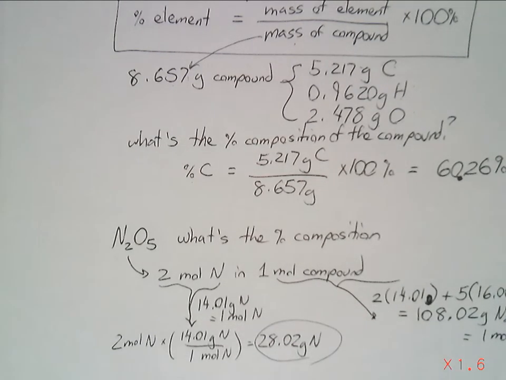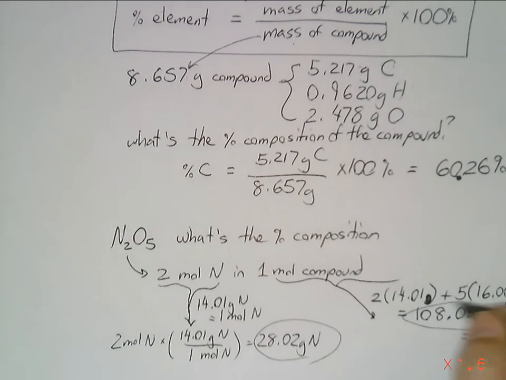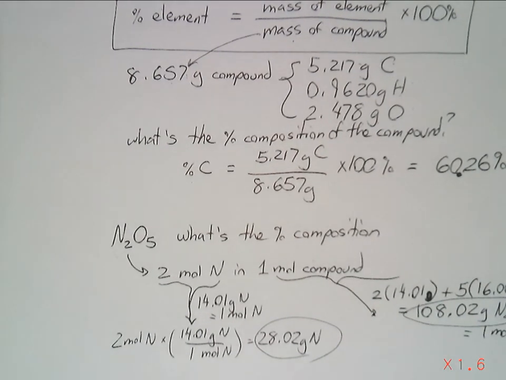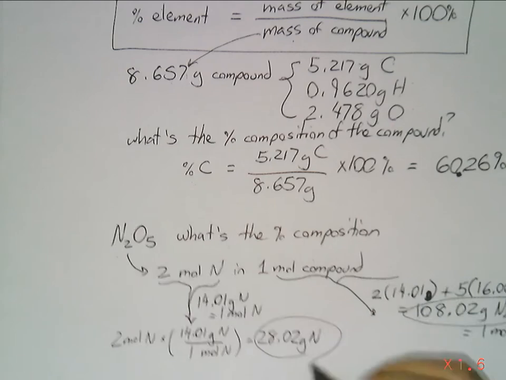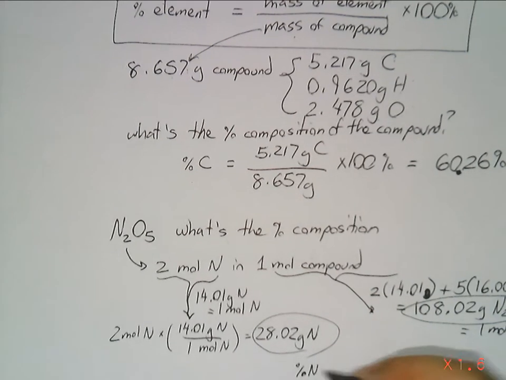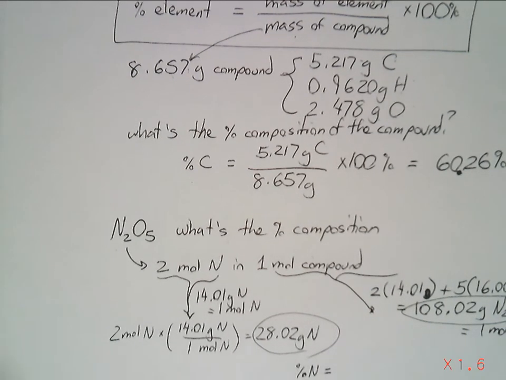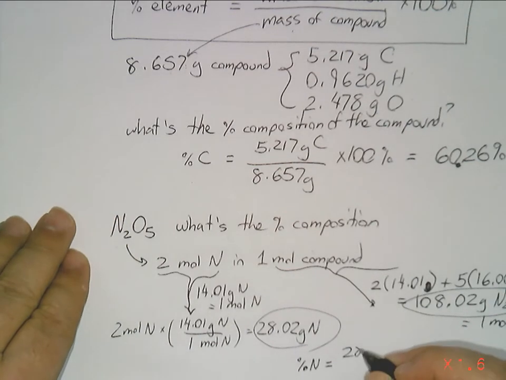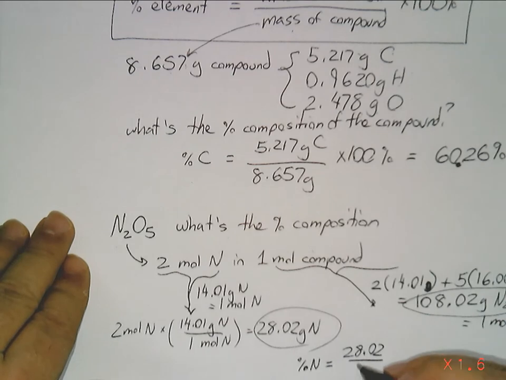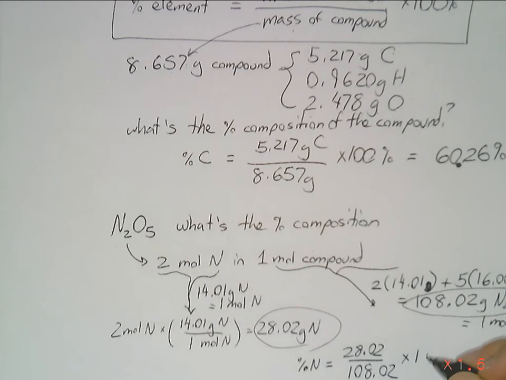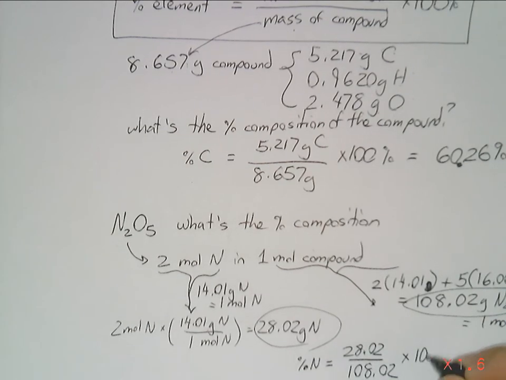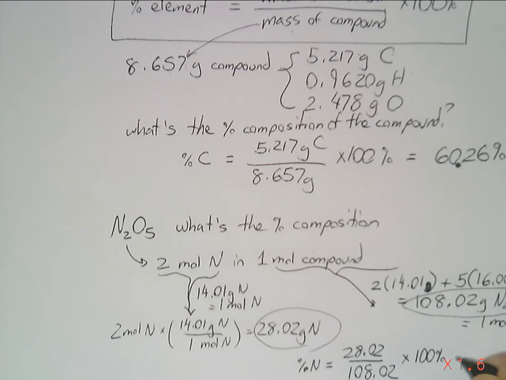So here's the grams of nitrogen, and here's the grams of N2O5 I've got in 1 mole of compound. So the percent nitrogen is 28.02 over 108.02 times 100%.